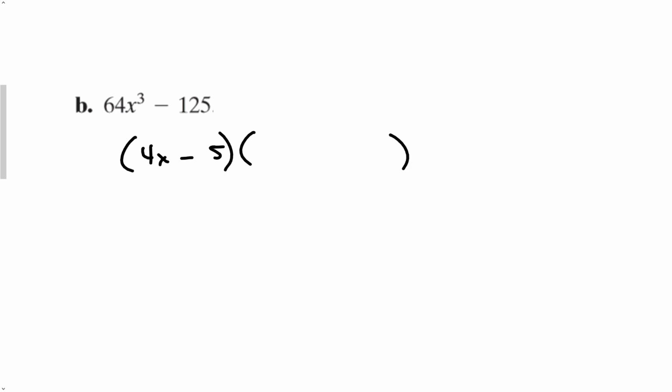Now, don't get tricked up here. The first term is this whole thing squared. So it's 16x squared. The middle term is 4x times 5. Don't worry about the sign. Don't say 4x times negative 5. It's just 4x times 5. So that's 20x. And then squared is 25.